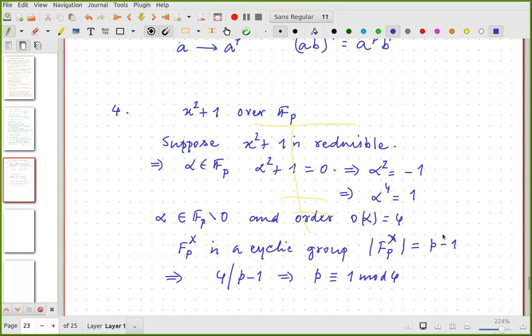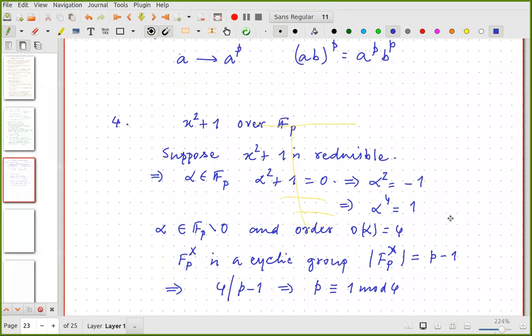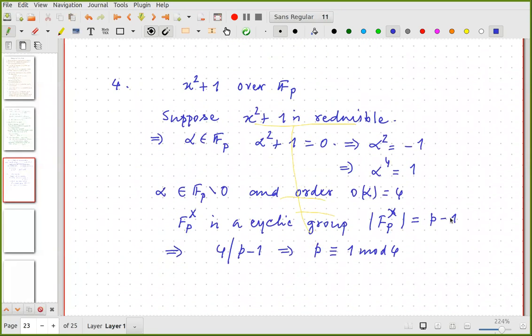And that was precisely the condition we took just to avoid this situation. We said if p is 3 mod 4, then it is irreducible. Being a prime, you have only two possibilities: either it is 1 mod 4 or it is 3 mod 4.